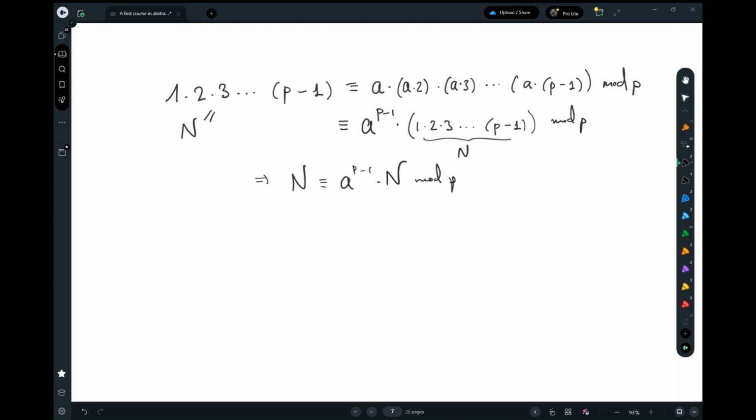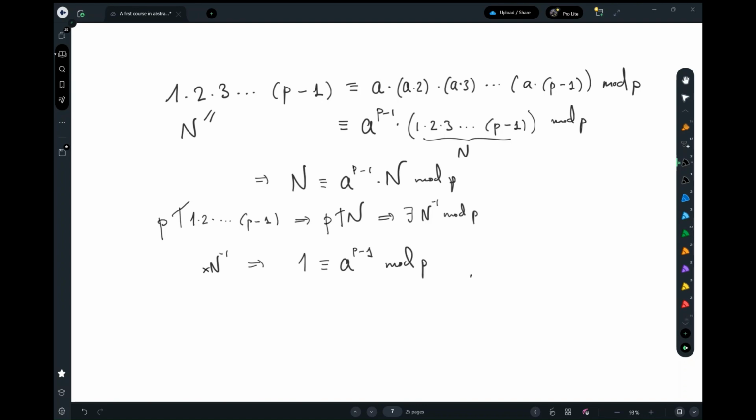And now can I divide by n? Yes, because p does not divide 1 times 2 times up to p minus 1, because p is prime. That implies that p does not divide n, and that implies that there is an n inverse modulo p. So if I multiply by n inverse, what I get is that 1 is congruent to a to the p minus 1 modulo p, which is what I wanted to show to prove at least the first part of Fermat's little theorem.